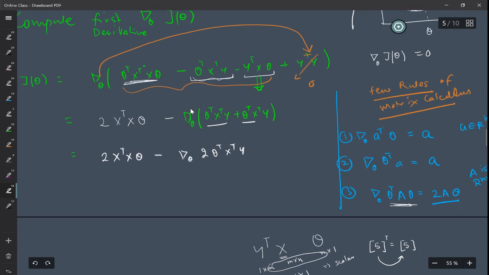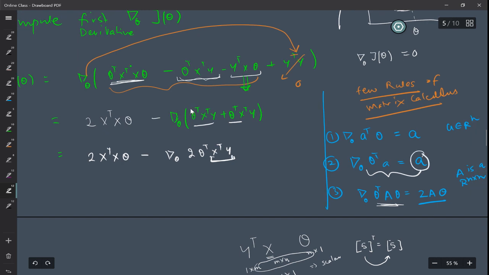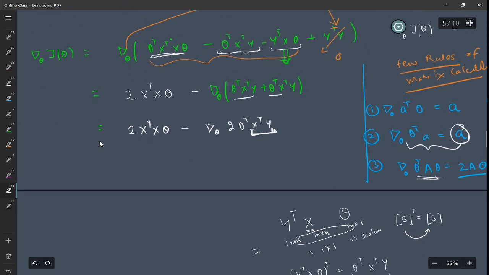And now using this formula, because we have a vector x transpose y here, and we have a theta transpose in the beginning, this derivative is going to be x transpose y. So after taking the derivative of this term, it becomes 2x transpose x theta minus x transpose y into 2, and this should be equal to 0, right?